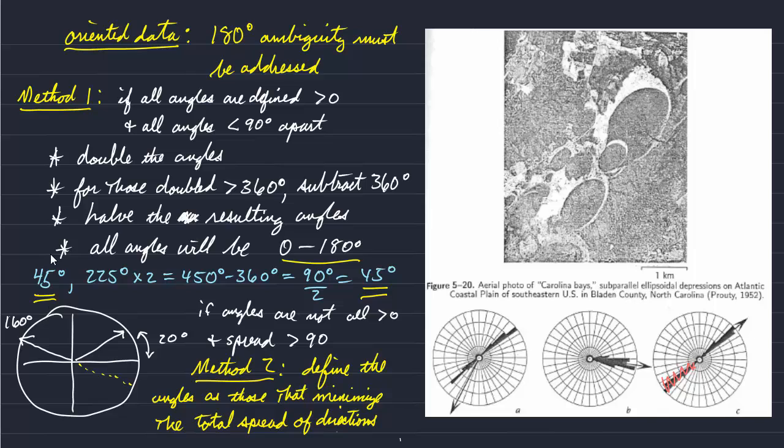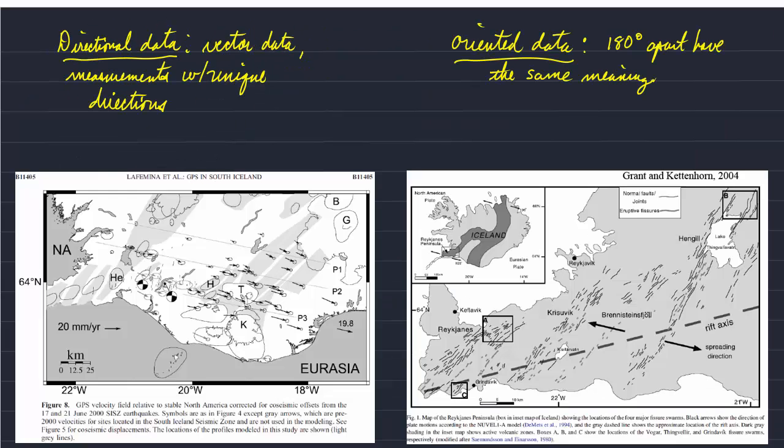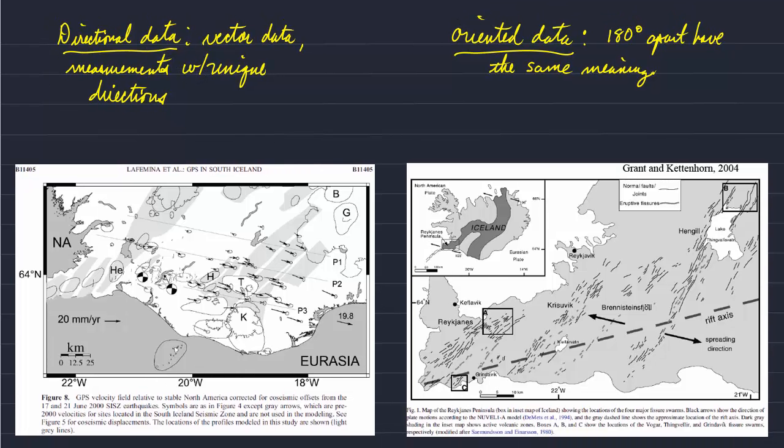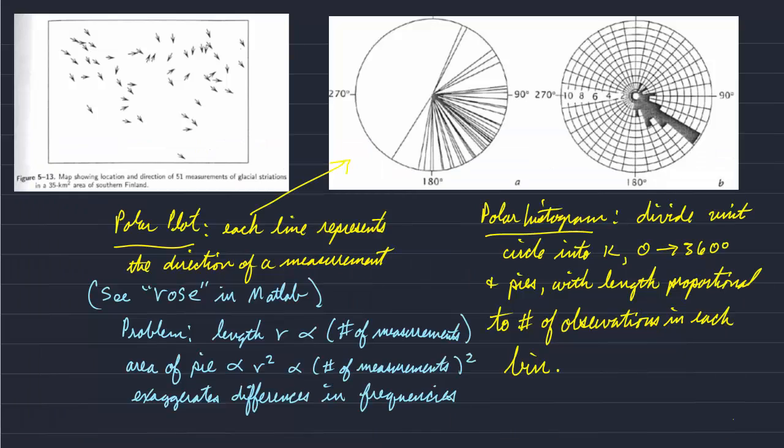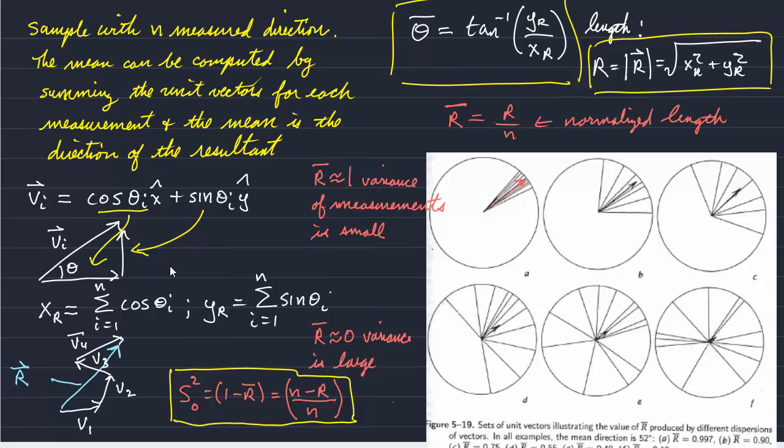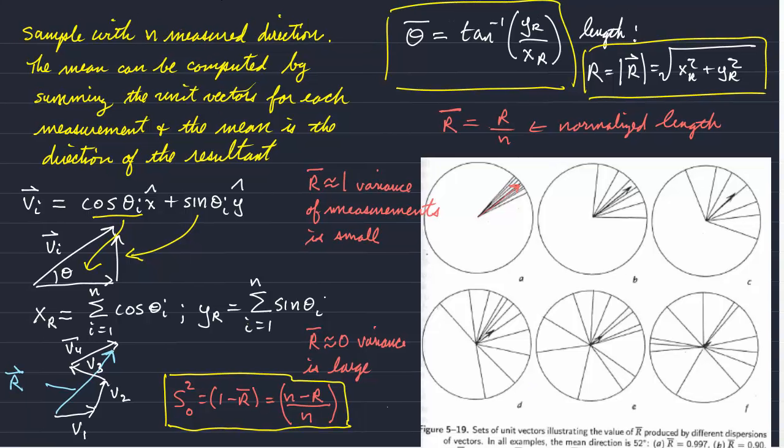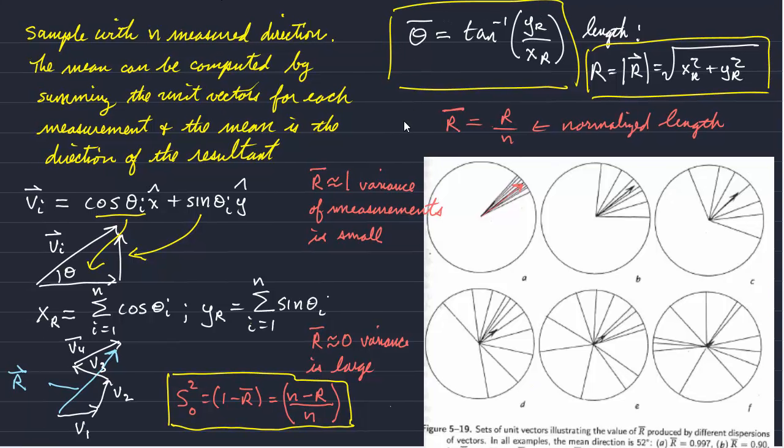So I'm going to conclude here, but just to quickly wrap up what we've covered, I introduced you to directional and oriented data. We looked at different ways of plotting these data, and then we looked at how to take a data set and compute the mean angle using the sum of unit vectors, which gives the resultant vector.